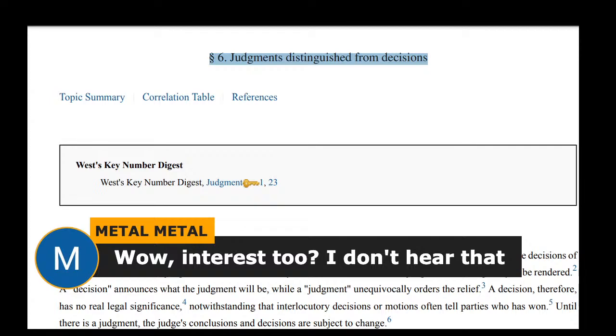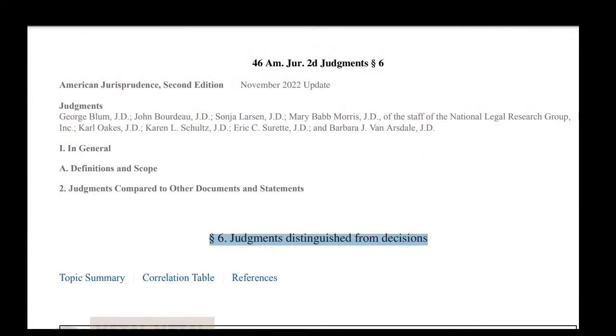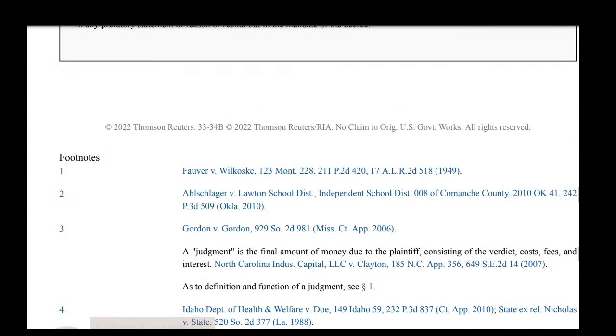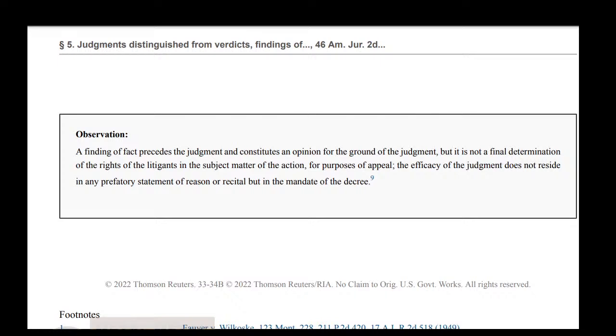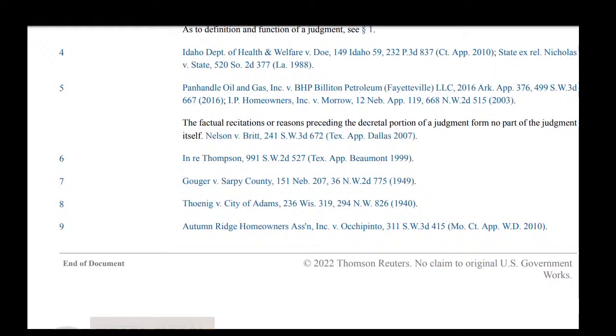Interest too. You don't hear that much, do you? But now you see there's a case you can refer to where that interest does matter. Let's see, no, it was down here.